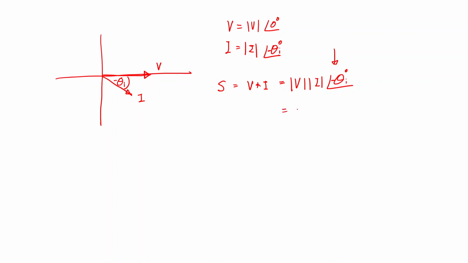When we convert into the form P plus JQ, what happens?